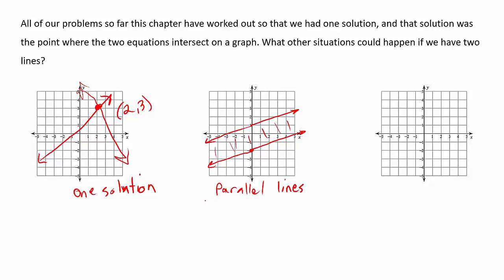If you think about what is required to make parallel lines happen, you may have noticed because of the way I drew it, we have to go up and over the same amount in order for them to be parallel, which means that they have the same slope. But an important distinction is that they did not have the same y-intercept.